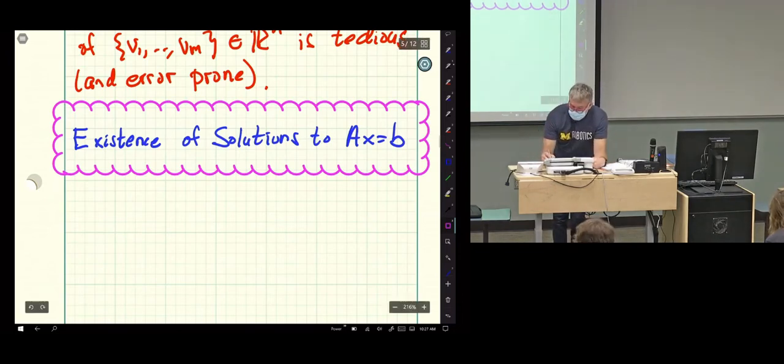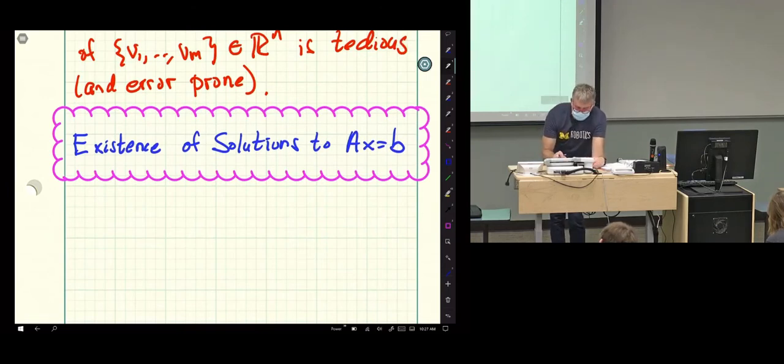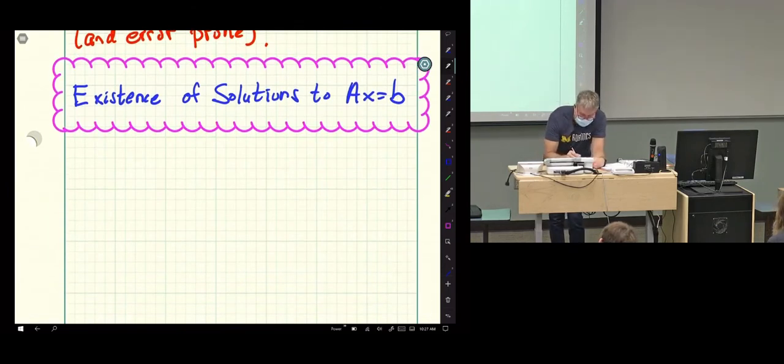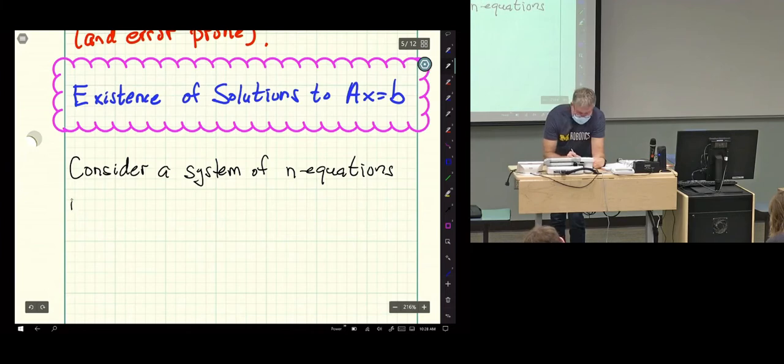Okay, let's see how our notion of linear combinations gets us partway to the answer of this question. So let's consider a system of n equations in m unknowns.